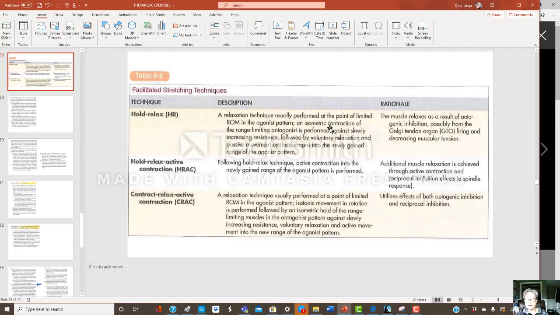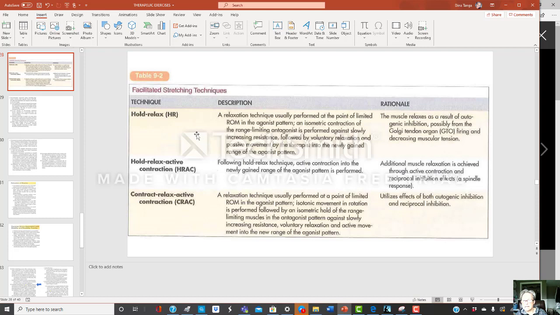So, isometric contraction of the range-limiting antagonist, performed against slowly increasing resistance, followed by voluntary relaxation and passive movement by a therapist into the newly gained range of the agonist pattern.